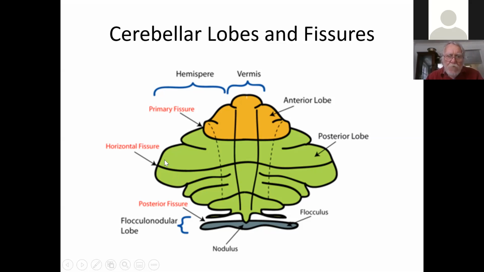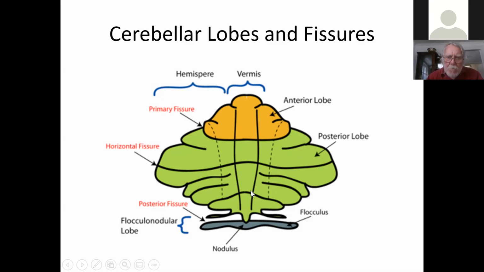There is a 3rd fissure that sort of subdivides the posterior lobe, called the horizontal fissure. So rostral to the primary fissure in the cerebellum is the anterior lobe that contains the vermis. Then between the primary fissure and the posterior fissure, we have the posterior lobe of the cerebellum, and that's subdivided into an anterior and posterior branch by the horizontal fissure.